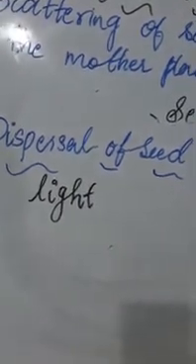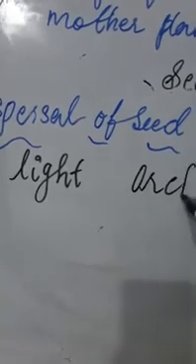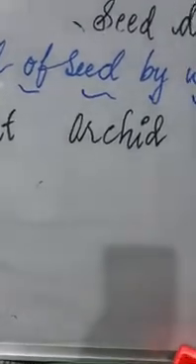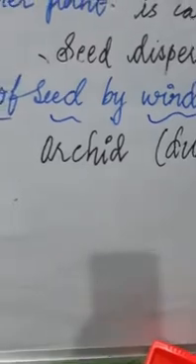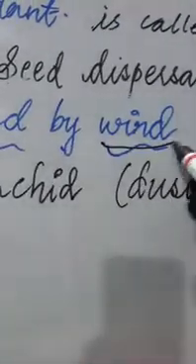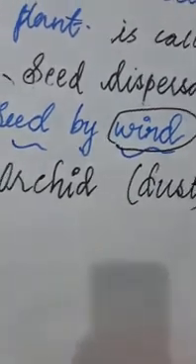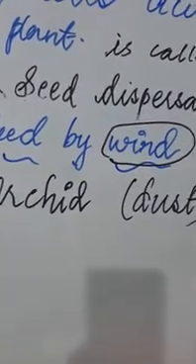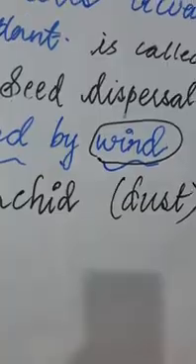The seeds of orchid and dandelion, also given here in your book, are almost as fine as dust. They'll be like dust. So these seeds are carried away by the wind. They are carried to a new place by the wind.